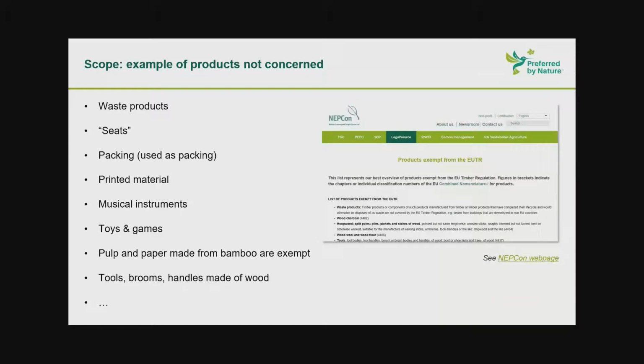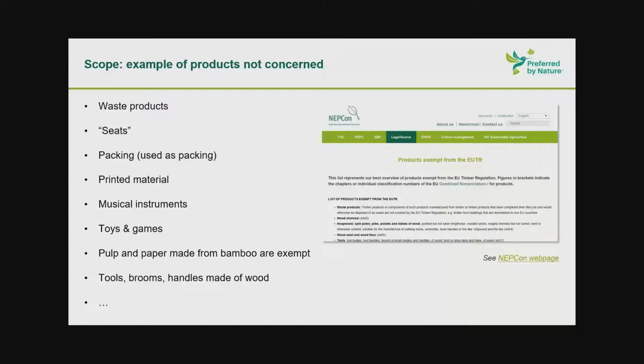Now onto the exceptions. Waste products, like I already said. Seats, so anything that is wooden furniture, but sofas and chairs and so on are exempt. So also one of those weird scope issues.